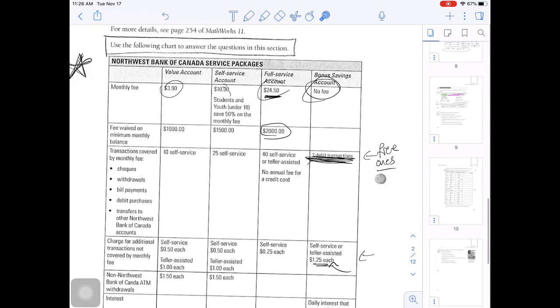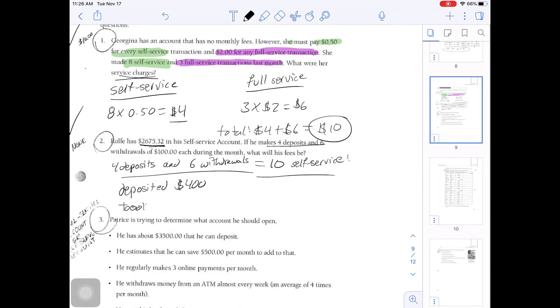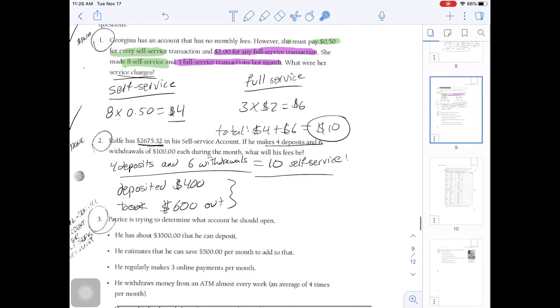Well, let's go back. And we can see here, we start with this, and it looks like each of these is $100. So he deposited $400. Right? So he put $400 in, but took $600 out. So what does that mean? That means in total, let's figure out what's remaining in his bank account. So he started with $2,675.32.